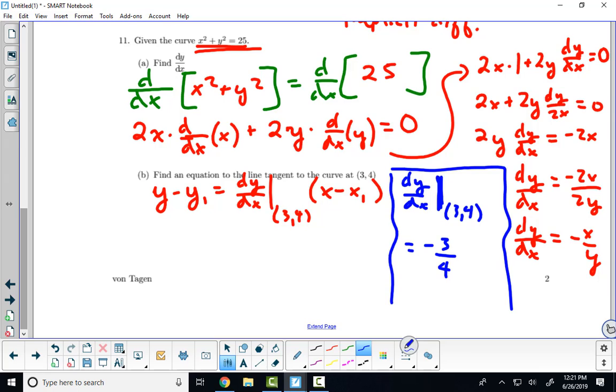Negative x coordinate over y coordinate. Okay. So we're ready. We get y minus 4 is equal to negative 3/4 times x minus 3. Any questions about how we just found that equation of the tangent line?